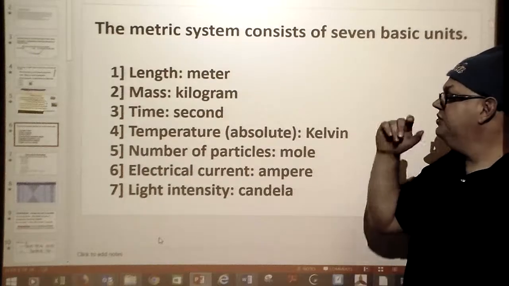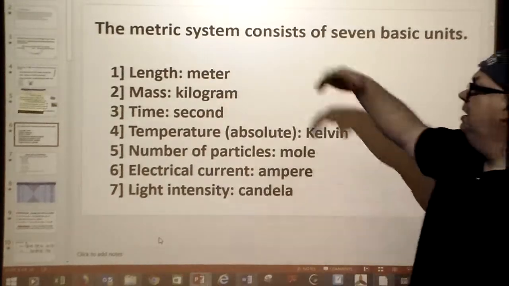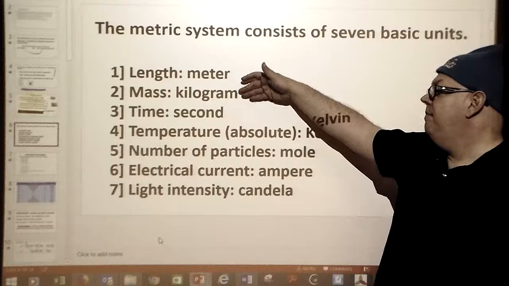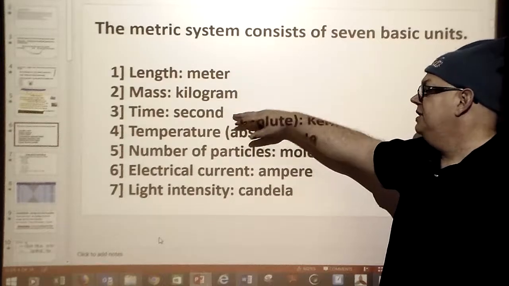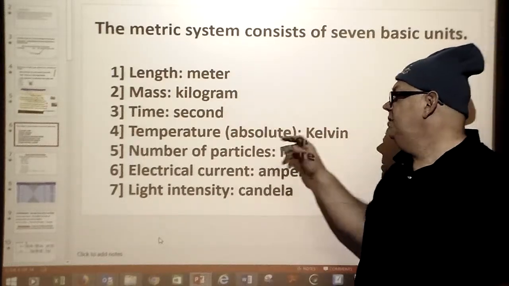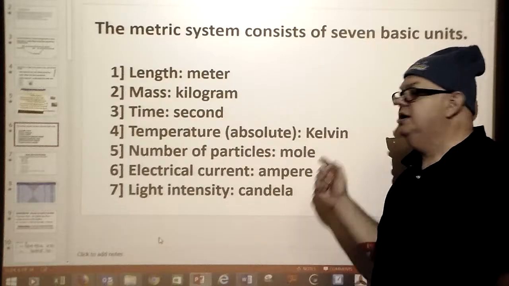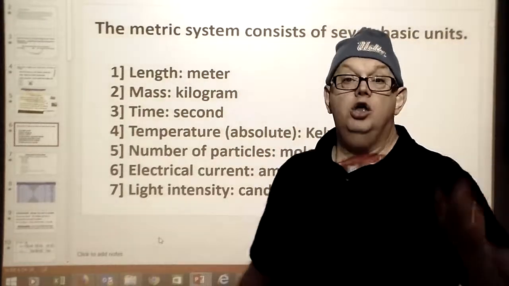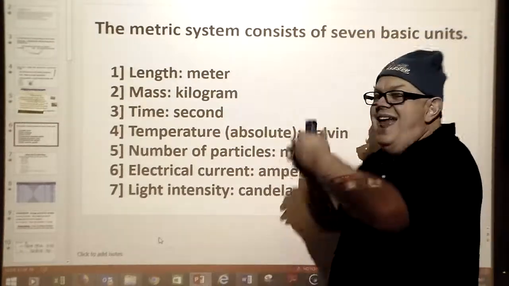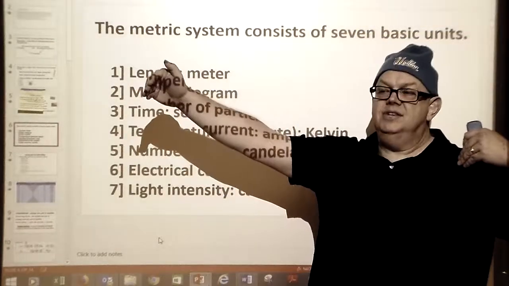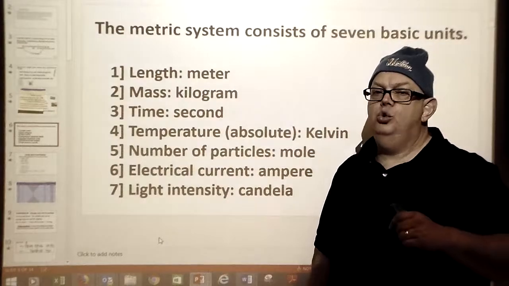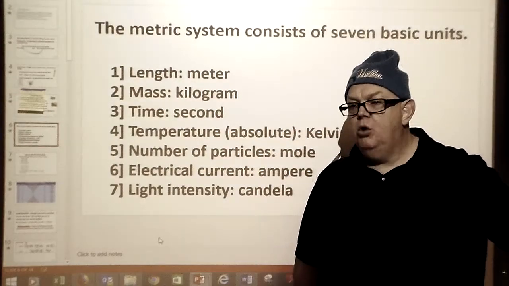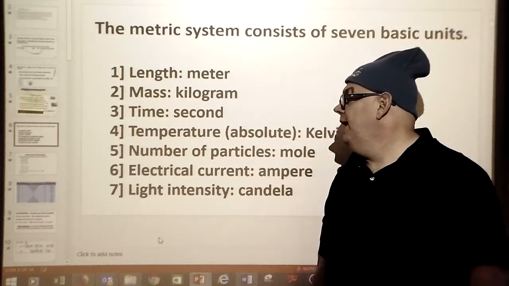So, there are 7 basic units. The length is the meter, the mass is the kilogram, the time is the second, the absolute temperature is the Kelvin. But wait, in the metric system you have the Celsius. You're right. The Kelvin extends the Celsius scale to include points below the freezing point of water. That's why.